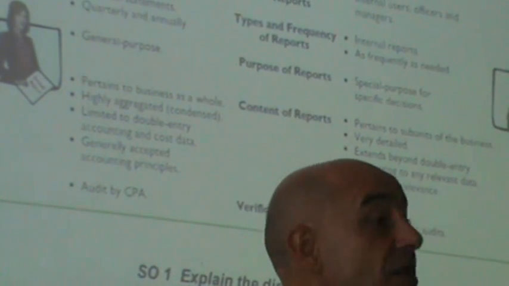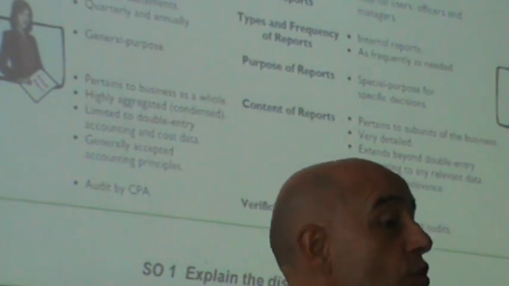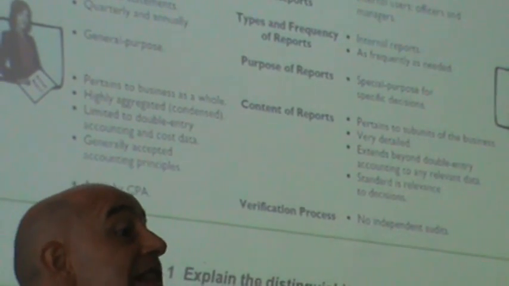Double entry, debit, credit, okay? And finally, it is generally accepted accounting principles. We use certain principles almost everywhere in the world, and they're the same principles, okay? So, you gotta have certain standards.